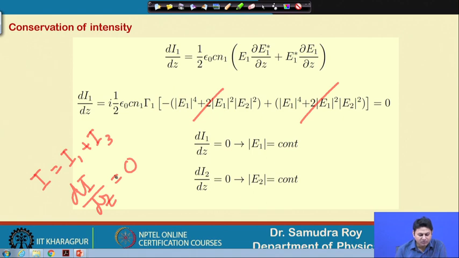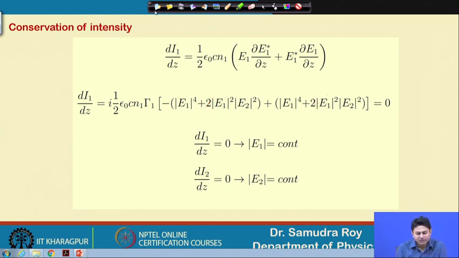But for self phase modulation or cross phase modulation, what we find is that the individual intensity will remain conserved. That means intensity remaining conserved means the amplitude of the fields will not change.